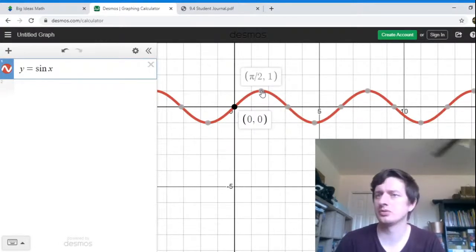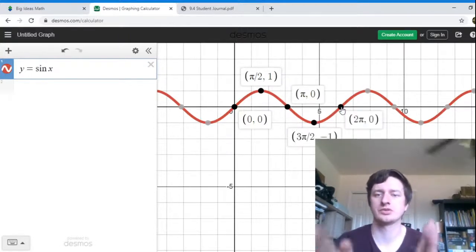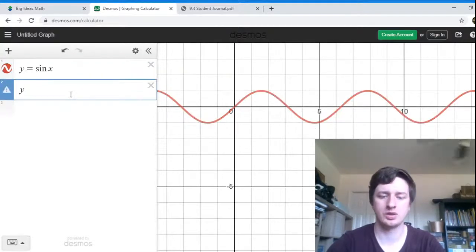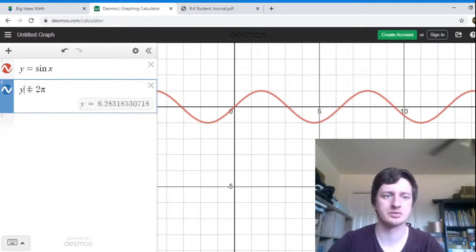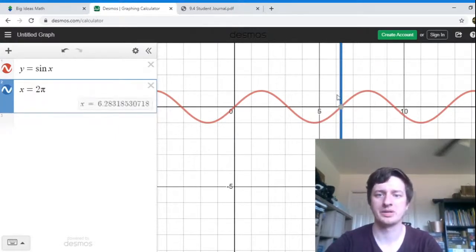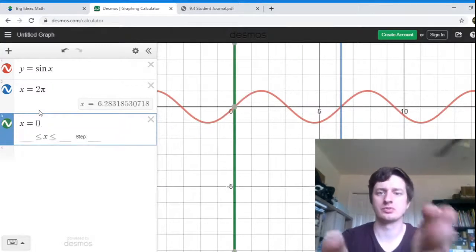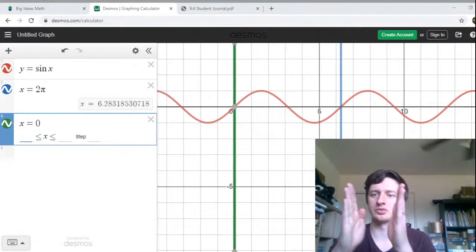This is at pi over 2, and it's 1 high. And then it goes down, and then it repeats, right? So if I graphed x equals 2 pi, it would repeat right there, and also at x equals 0. Between those two vertical lines is the section that repeats over and over and over.